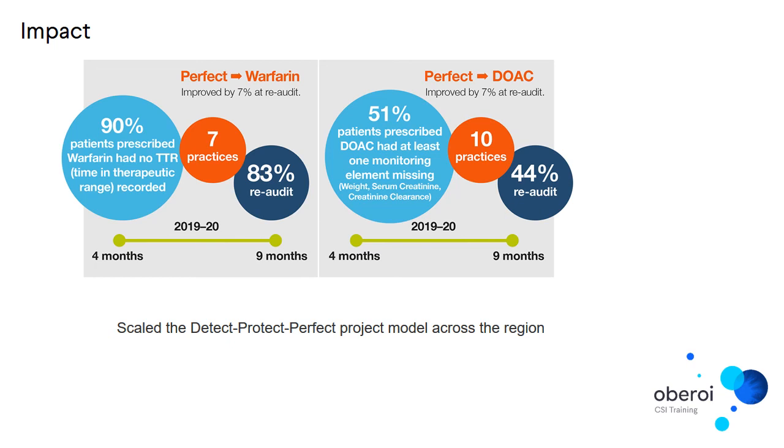And in the same way, at baseline, 51% of patients being prescribed DOAC had elements of data missing, so they didn't have a weight or a serum creatinine in their data, and that had dropped to 44%. So you can see that scaled up, that would make quite a big difference, quite an impact in this AF area.